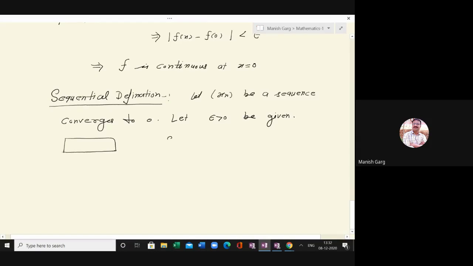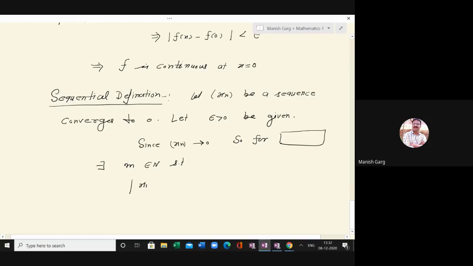Then, since xn converges to 0, there exists, for every positive number, a natural number m such that mod xn minus 0 is less than a positive number.